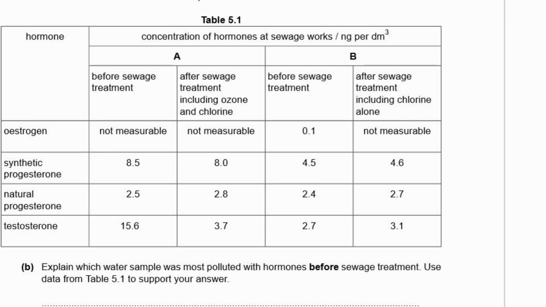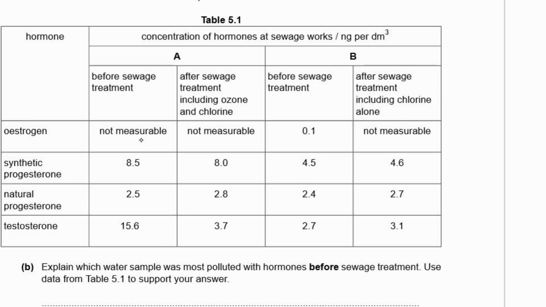If we look at this, estrogen, not measurable at A and has a tiny amount at B. But synthetic progesterone, almost double at A. Natural progesterone, 2.5 compared to 2.4, slightly more. Testosterone, a lot more, 15.6 compared to 2.7. Okay, so I would say that A is more polluted with hormones than B.